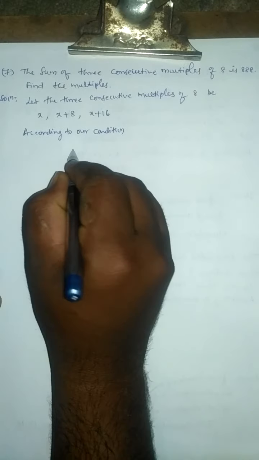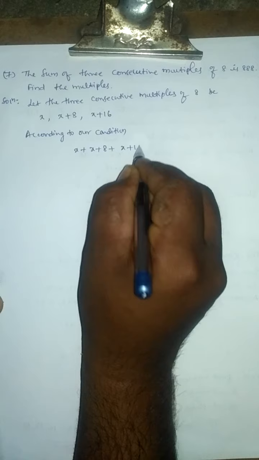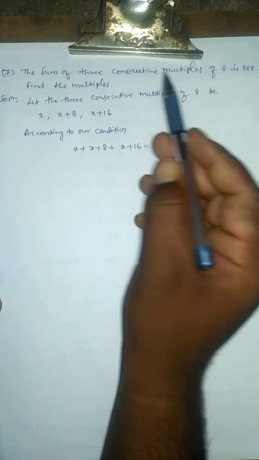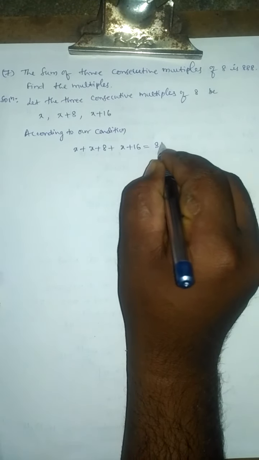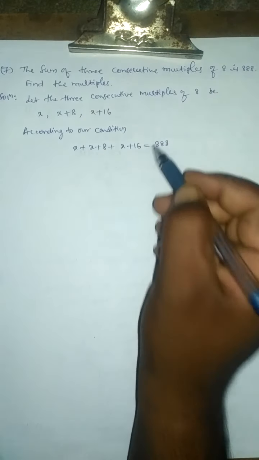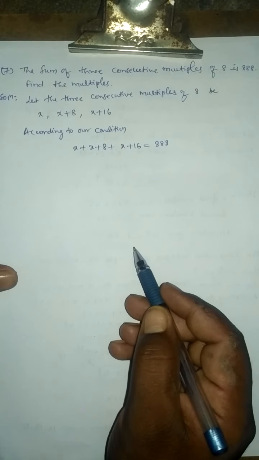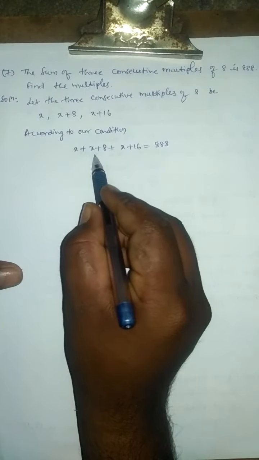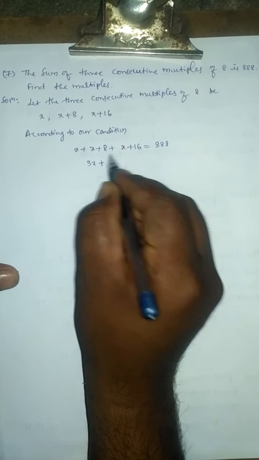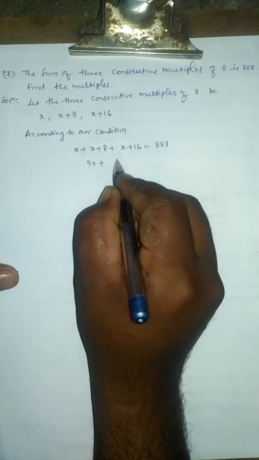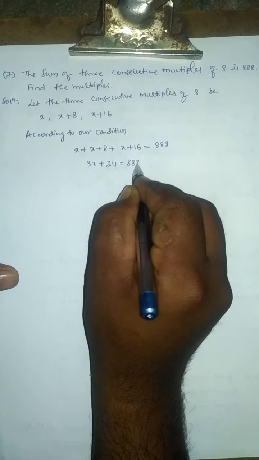For that reason, x plus x plus 8 plus x plus 16, if you add the consecutive multiples of 8, that sum is equal to 888. So this is our condition. So now we have to find out what those 3 multiples are. For that reason, x, if you add, it will become 3x plus 8 plus 16. 8 plus 16, if you add the constants separately, it will become 24. This is equal to 888.